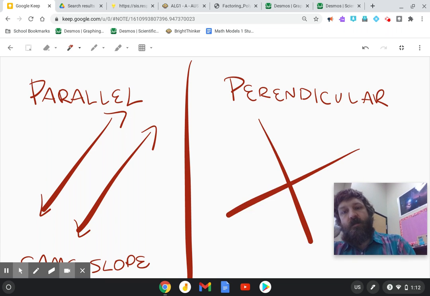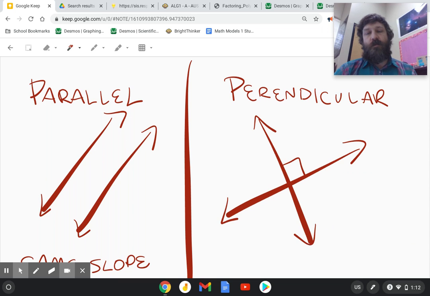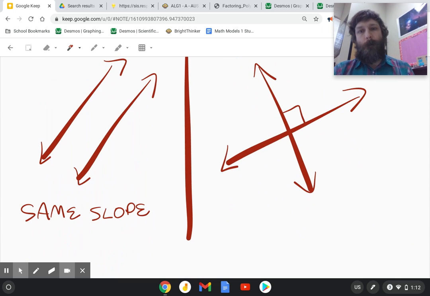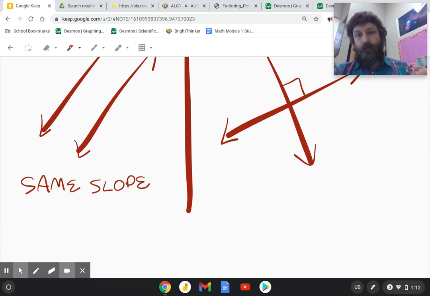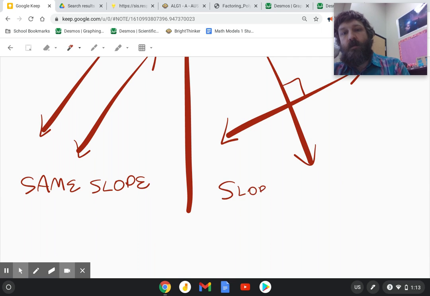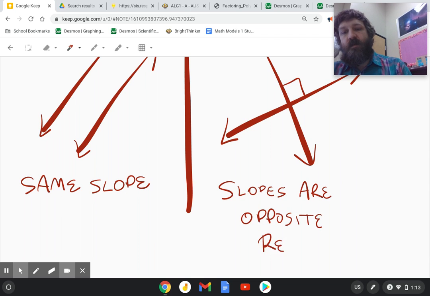So that's parallel, and then on the other hand, we have perpendicular. Perpendicular lines intersect to form a right angle. So their relationship between their slopes is different. When it comes to perpendicular lines, the main way to think of it is that the slopes are opposite reciprocals of each other.